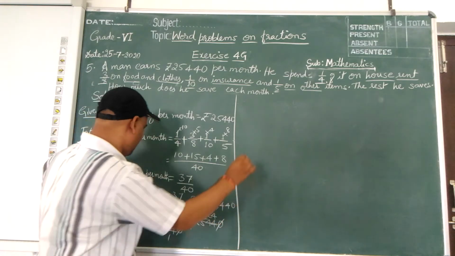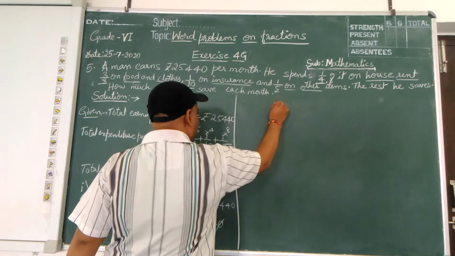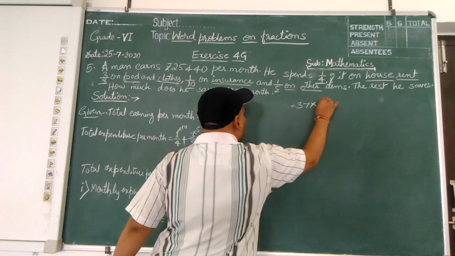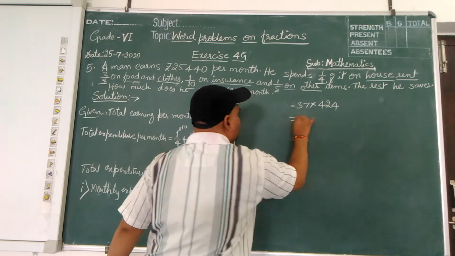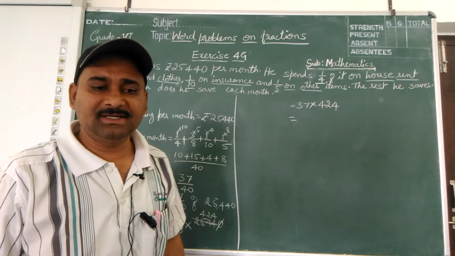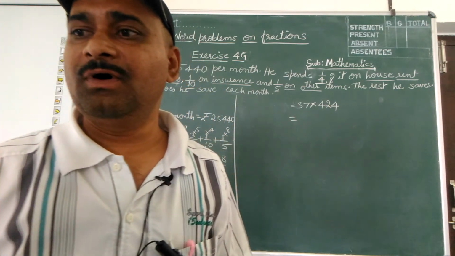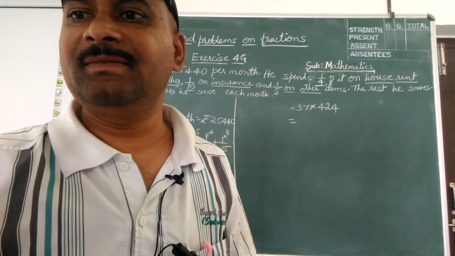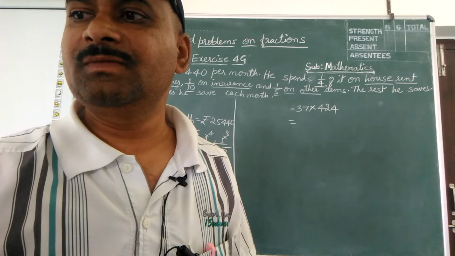So ultimately you got 37 into 636. When you multiply 37 into 636, it takes time.